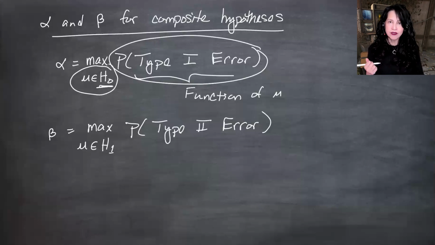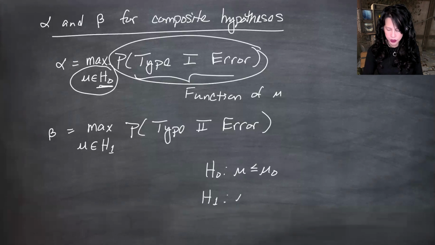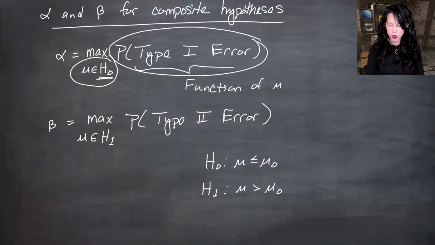But if you have inequalities like mu less than or equal to mu naught versus mu is greater than mu naught, it is conventional to put the equal part of that inequality in the null hypothesis. There's a problem then when looking at this definition for beta, because we don't have an equality here. I guess this isn't going to make sense until you see what actually happens.